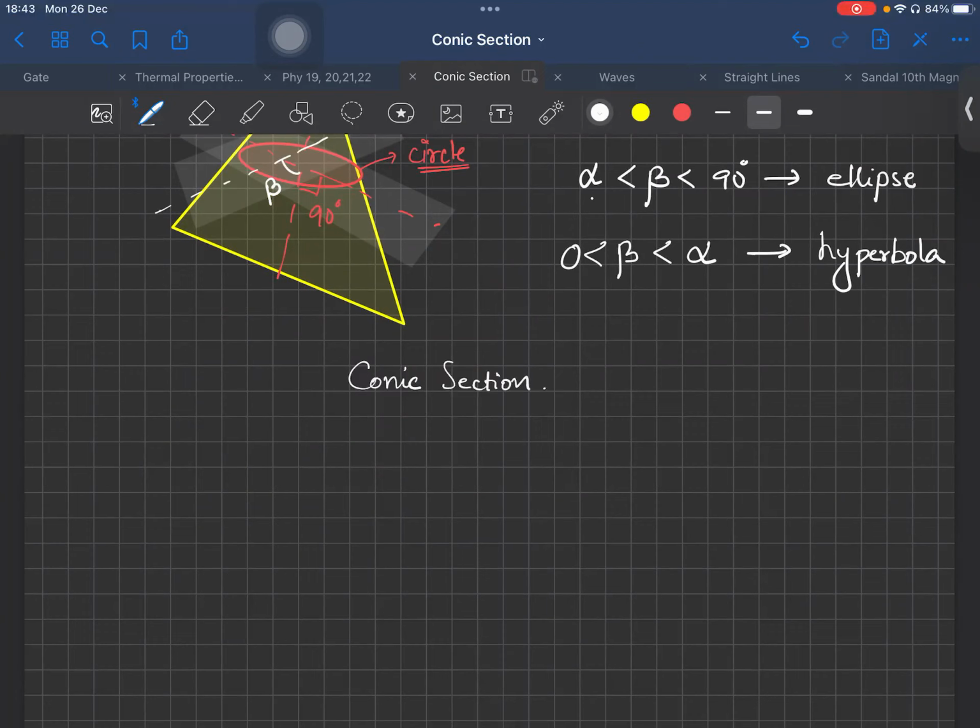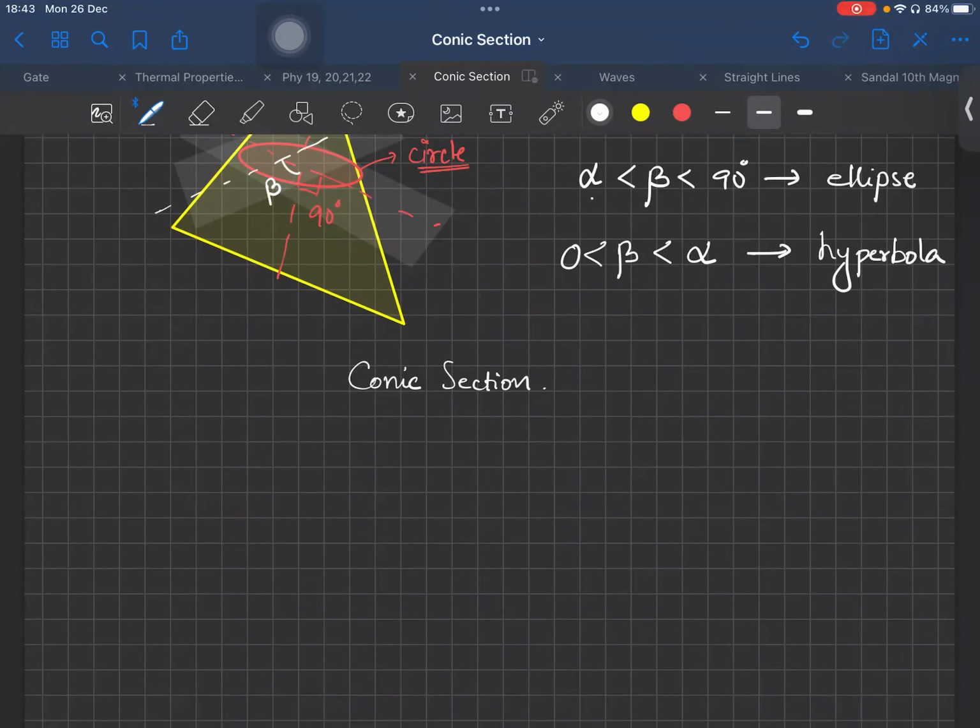Now, whatever conic section we get, we have a particular definition of it. Any conic section can be defined as the locus of a point which moves in a plane.